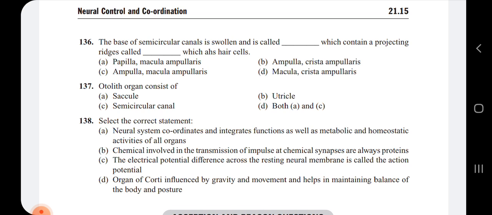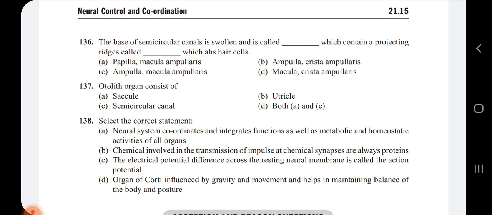Next question, the last question. Select the correct statement. A. Neural system coordinates and integrates functions as well as metabolic and homeostatic activities of all organs. B. Chemicals involved in the transmission of impulse at chemical synapses are always proteins. C. The electrical potential difference across the resting neural membrane is called action potential.